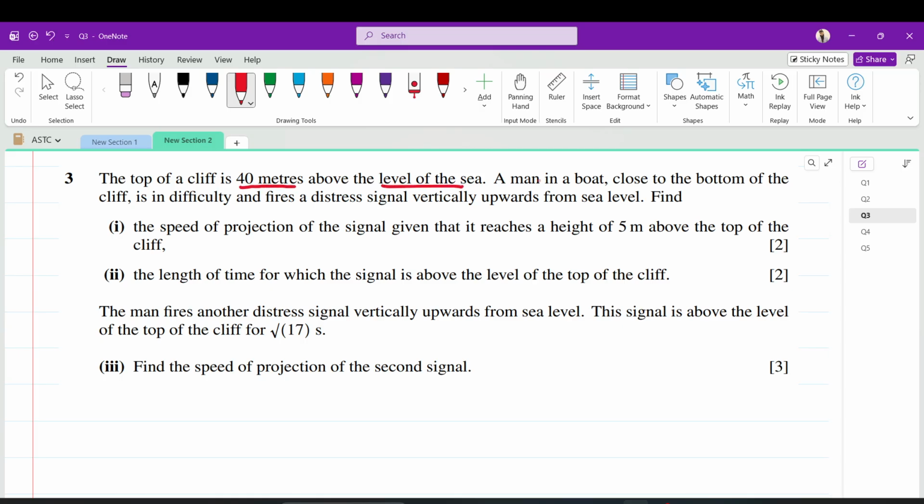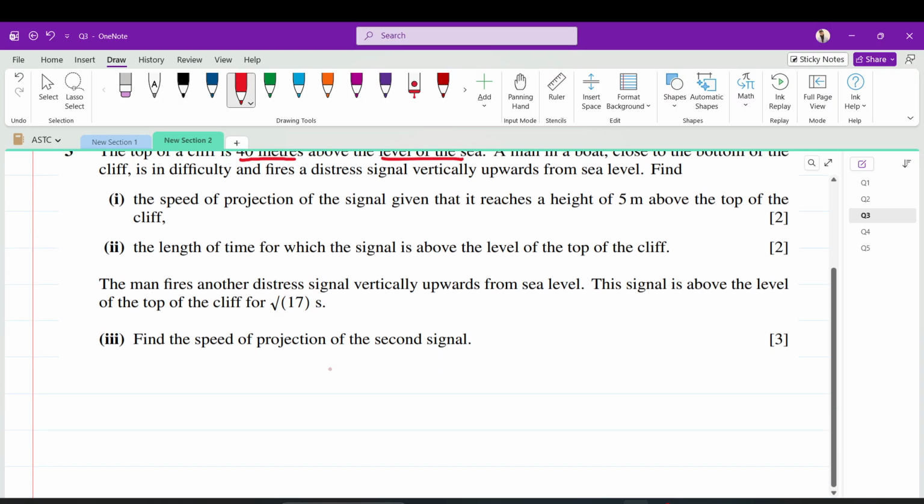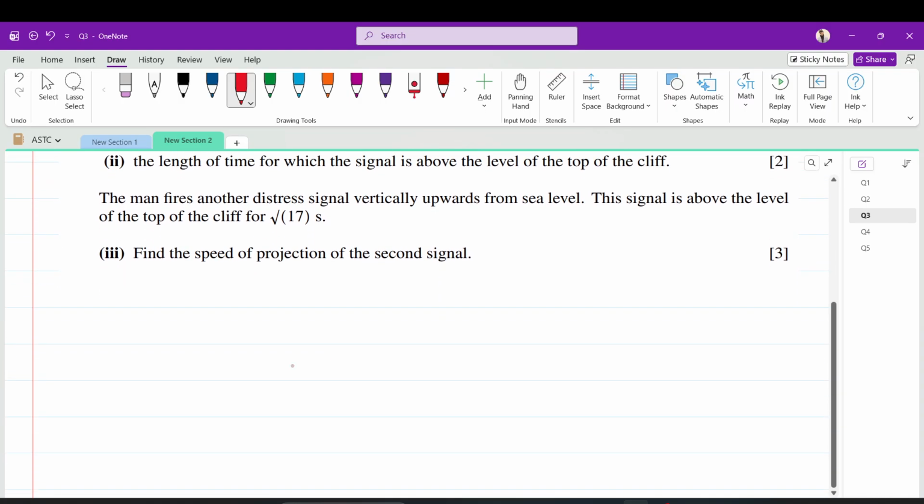A man in a boat close to the bottom of the cliff is in difficulty and fires a distress signal vertically upwards from sea level. Find the speed of projection of the signal given that it reaches a height of 5 meters above the top of the cliff. Okay, so first of all, we'll make a diagram.